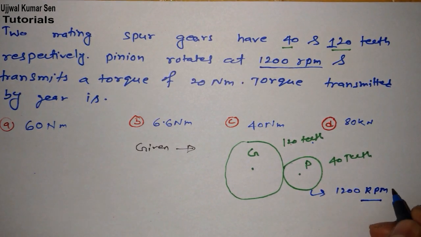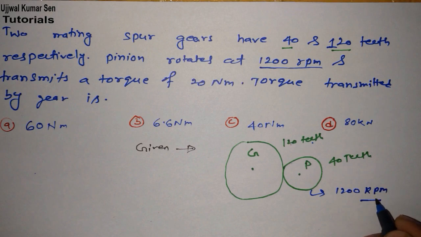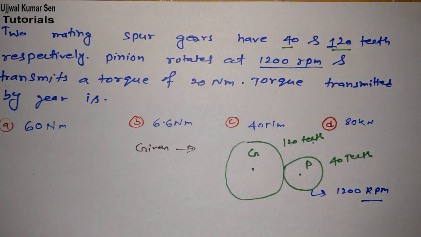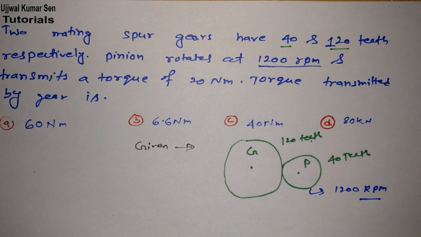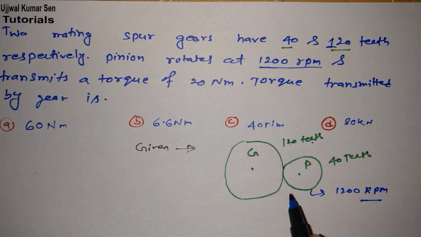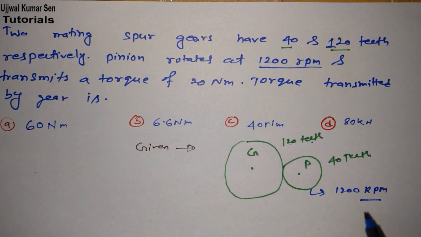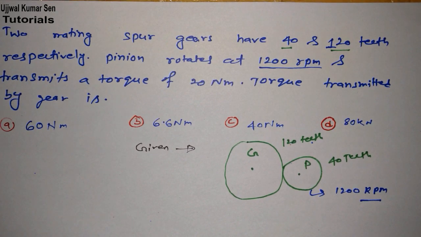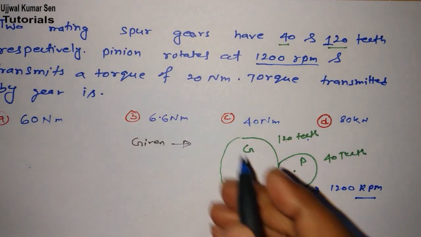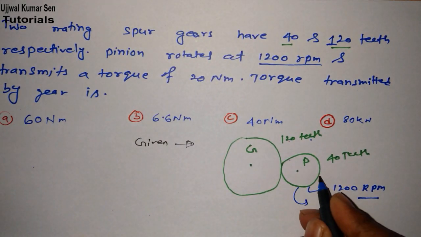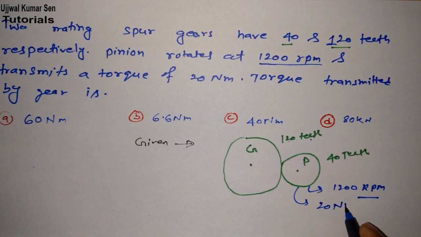Note this unit, because we'll take all revolutions in case of gear per minute only. While solving a numerical problem, most of the time we have to consider this. Now, the transmitted torque, they said the torque for this pinion is 20 Newton meter.